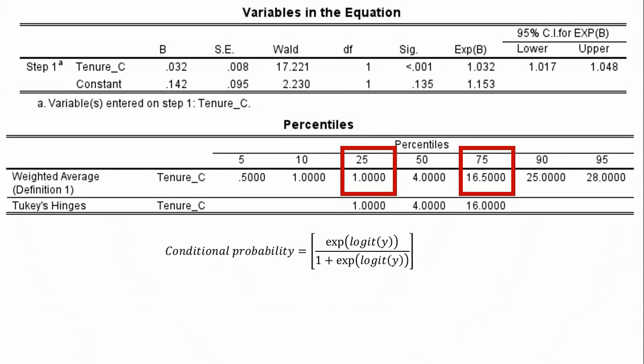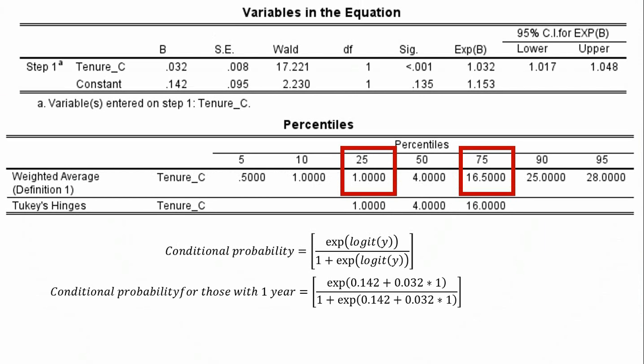So to calculate the conditional probability for those with 1 year in their organization, we simply plug in the regression equation, that is 0.142 is the constant, and 0.032 is the regression coefficient for the independent variable, tenure. For tenure, we plug in 1 year and exponentiate it, and we do the same at the bottom.